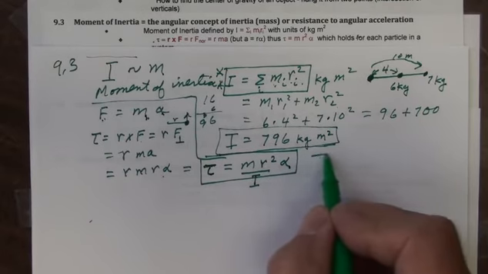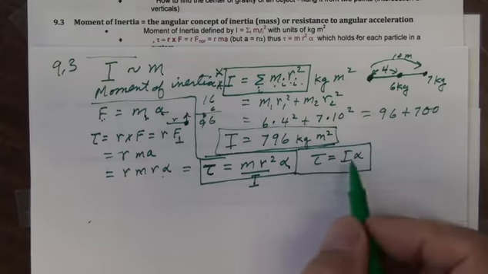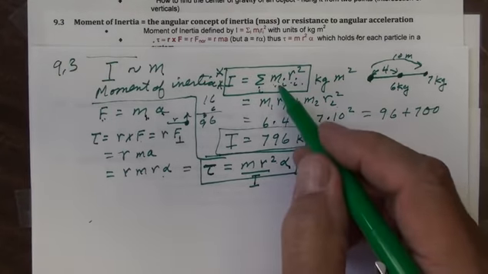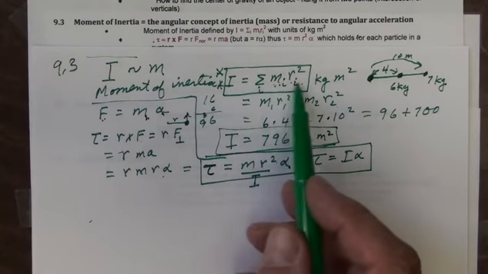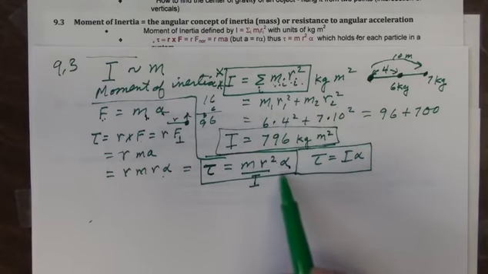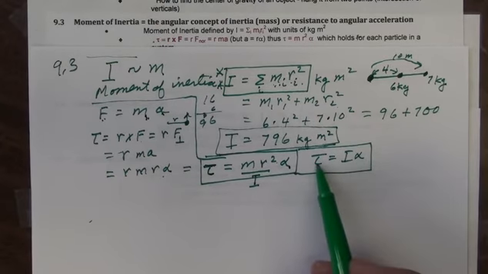So we can now say that torque is equal to I alpha, and I is given by this equation, m times r squared. If we have many particles, then we're just going to add this up for each one to get our total angular acceleration due to a given torque.